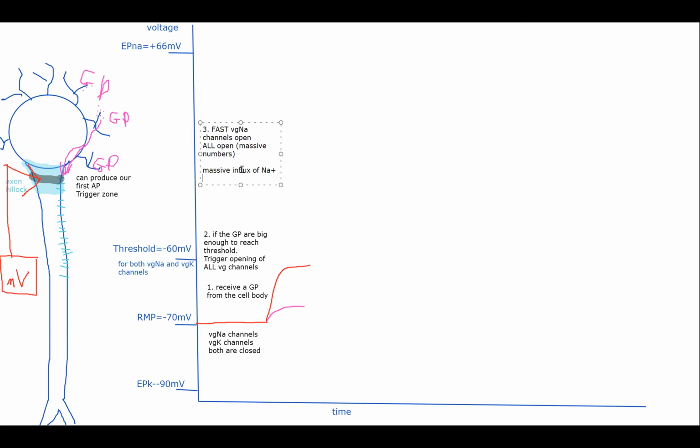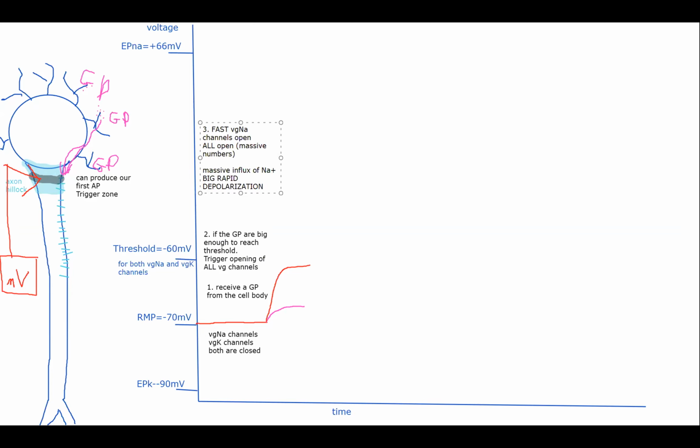Sodium, of course, is a positive ion. So we get a big positive depolarization. Or let's say it this way, because positive means depolarization. Big, rapid depolarization. Right? And guess what?